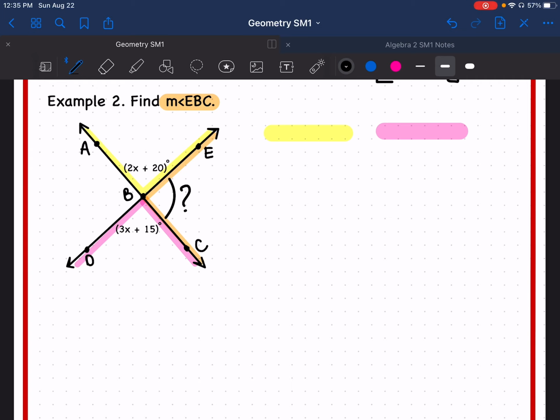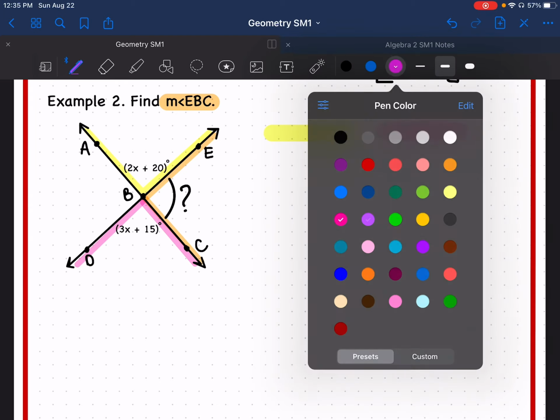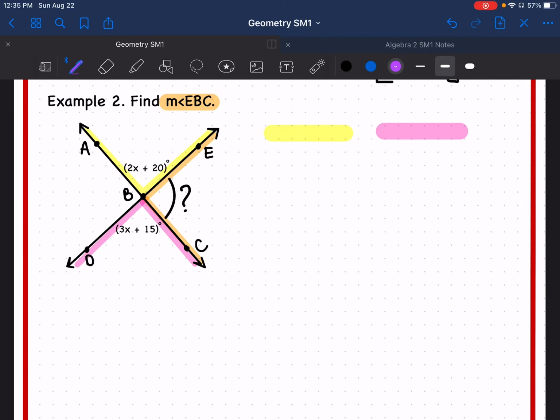So in our foldable, I'm going to take a look at the outside. And if I look at the pictures on the outside of my foldable, it really looks like the vertical angles. I'm going to go back to that part of my foldable, and I'm going to flip it open, and it's set, and it looks just like it.